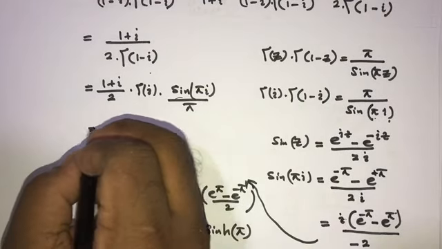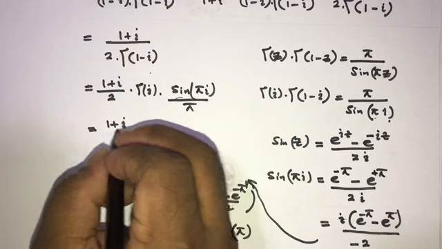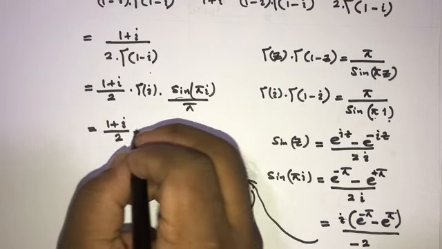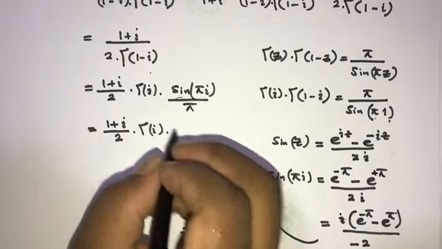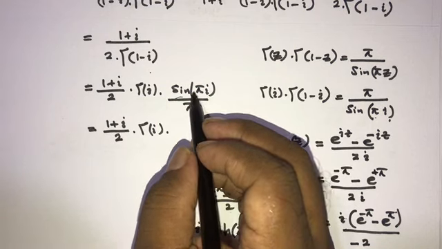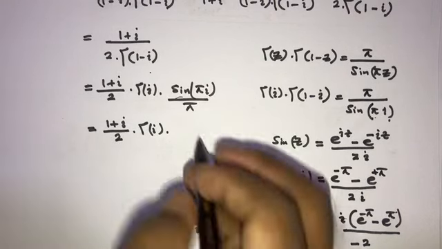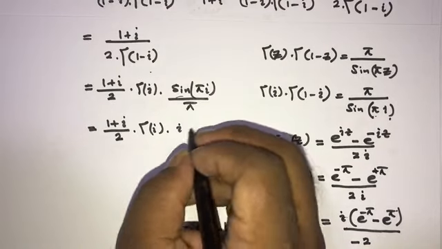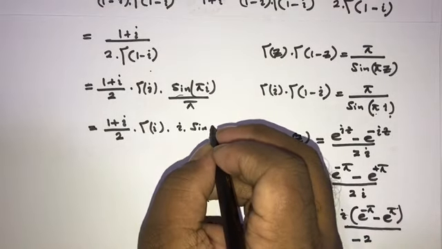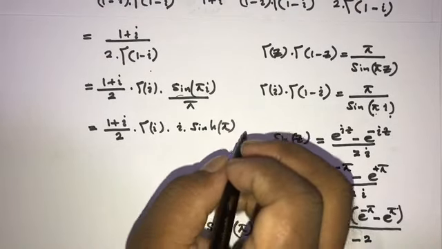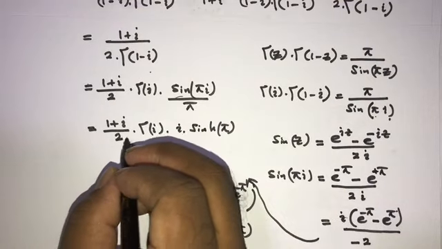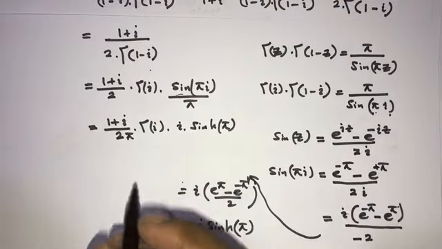Now we can write 1 plus i over 2 gamma of i and sine of 5i. Sine of 5i, we found, is equal to i times hyperbolic sine of 5.